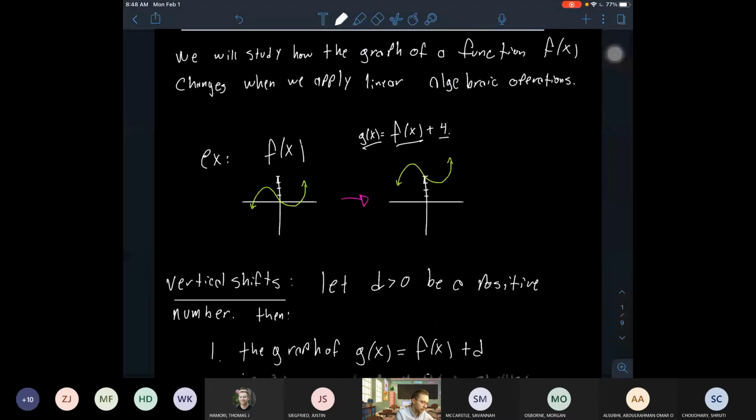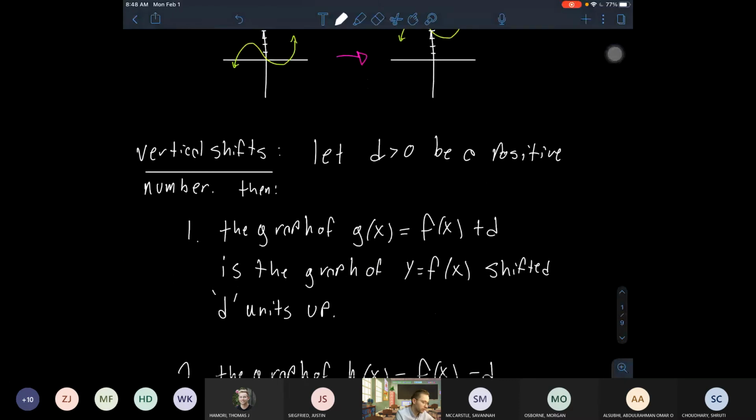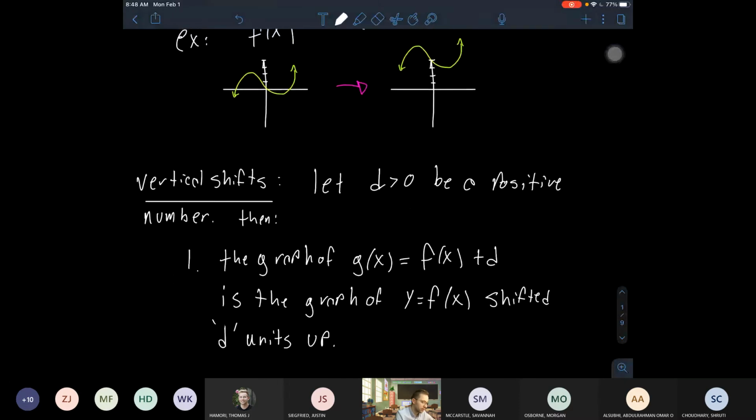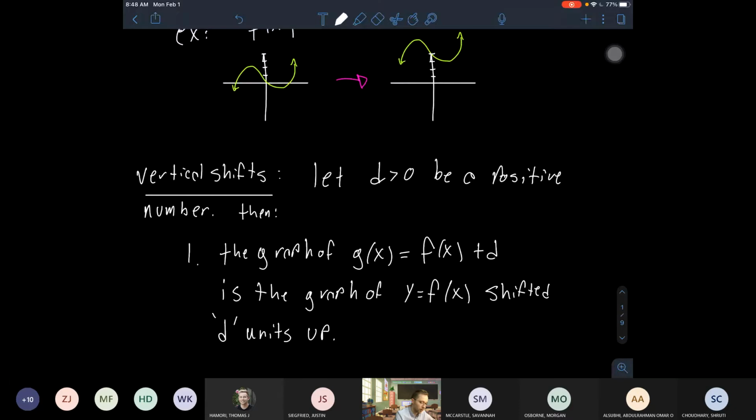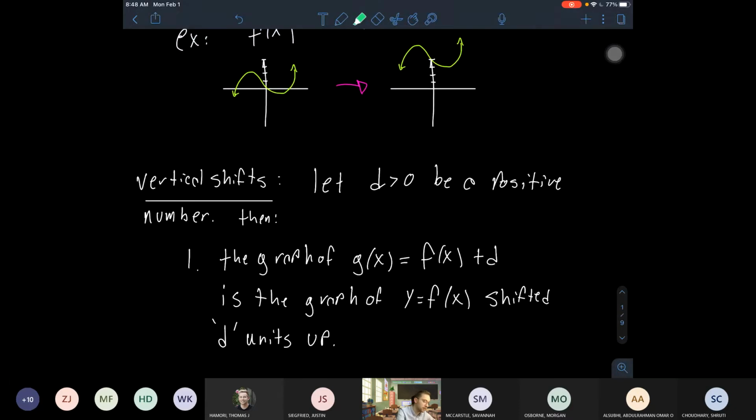Okay, so let's make that more concrete. We can talk about vertical shifts. Let's start first with number 1. We take d to be some number, okay? d is just the letter that I'm using to represent some number which is positive. And then what do we say? We say that the graph of g of x equals f of x plus d.